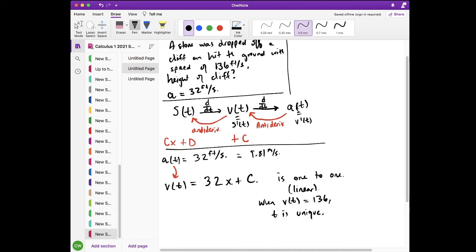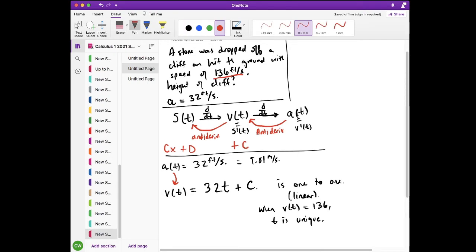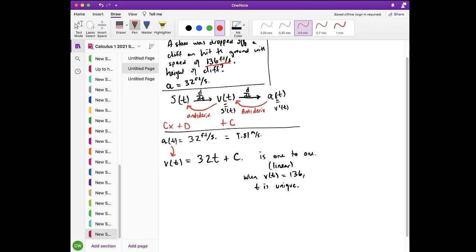There's only one t where v is 136. So we don't have to worry about it. There's only one point in time where v is 136. It's when it hits the ground. Okay, so we'll keep that in mind.